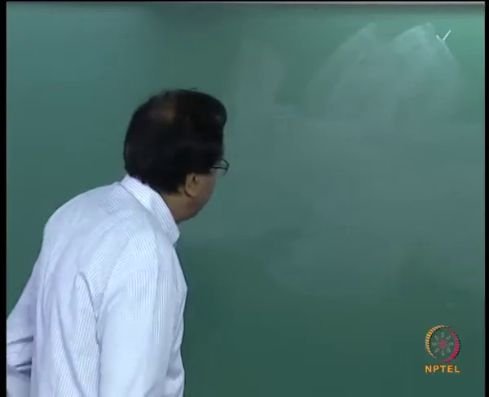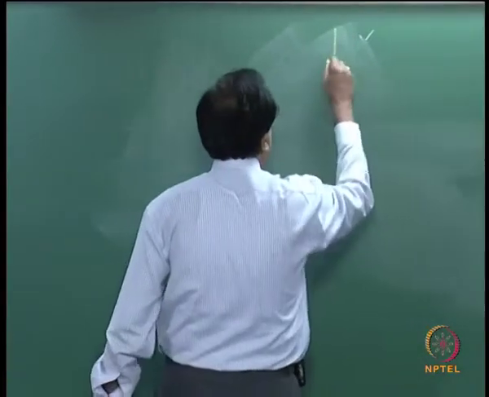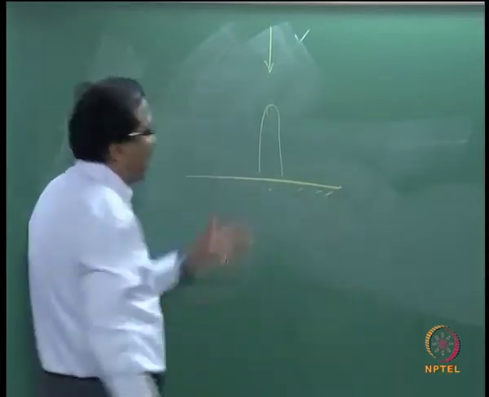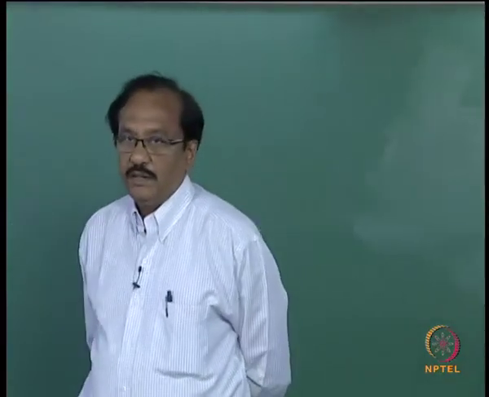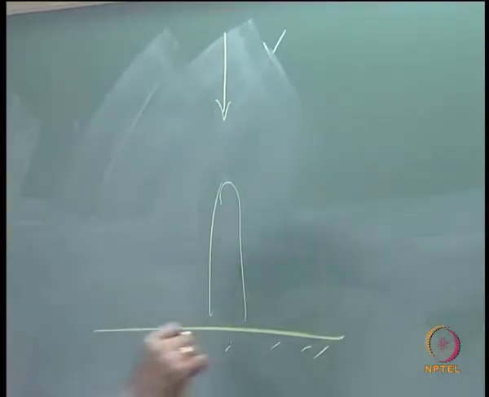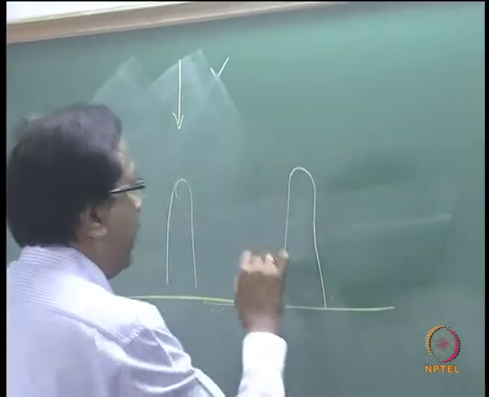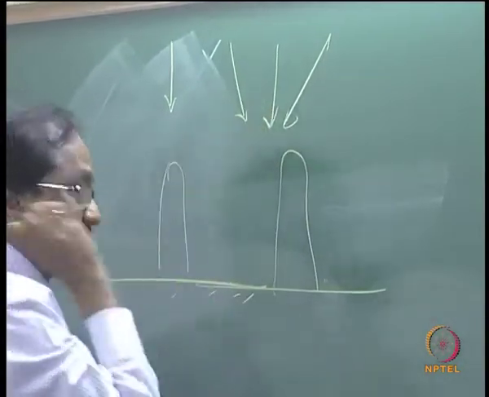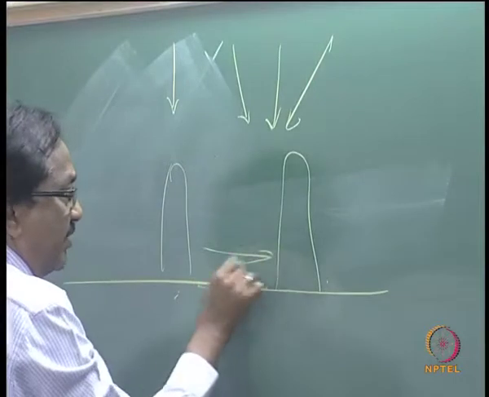Because the wave is moving in this direction and you have the structure in this direction, you might ask where the reflection is coming from. But if you have one more groin here and the waves are moving in this direction or in this direction, you can always have cross reflection.